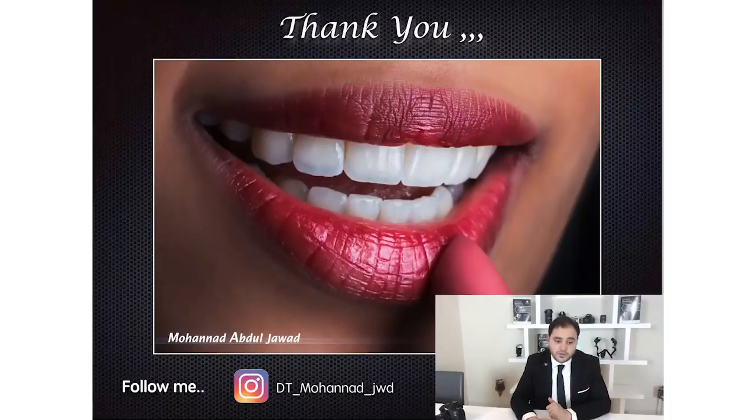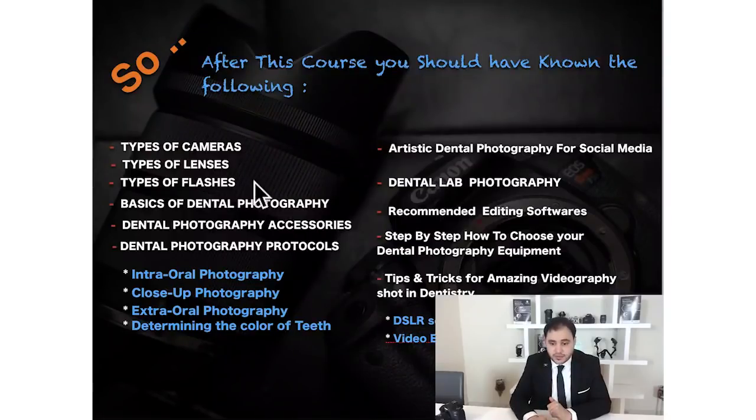So now let me tell you something about our course. I will tell you some topics in the dental photography course. I will talk about many things, starting from types of cameras, types of lenses, types of artificial flashes.